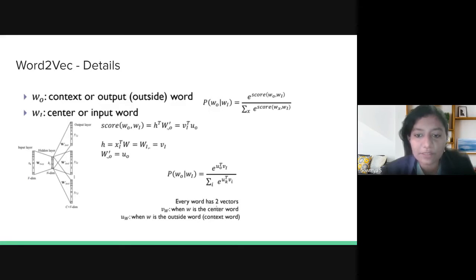So every word has two vectors: the representation if it is a center word and the representation if it is a context word.